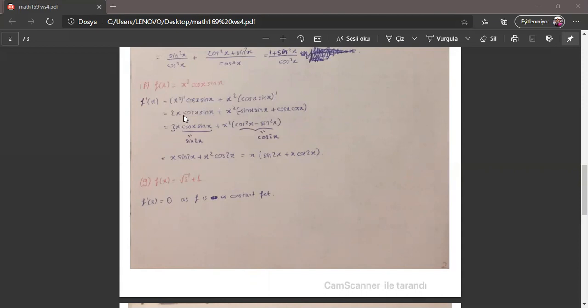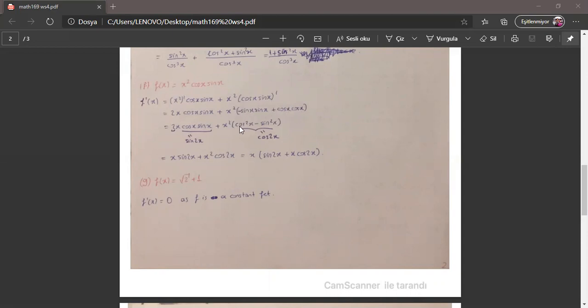So here you have 2x as the derivative of this function, times cosine x times cosine x, plus x squared times this one's derivative. So first one's derivative times the second one plus first one times the second one's derivative, which is cosine x. So you have this.